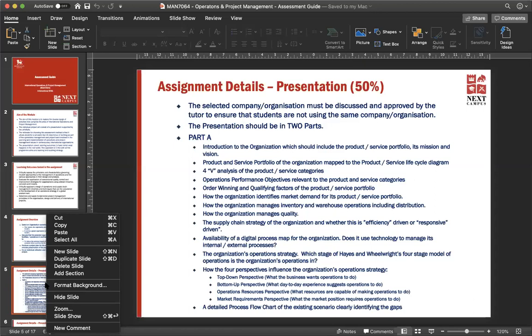Order qualifying factors are the factors that make customers consider purchasing your product and services. So where order winning is concerned, it's basically your current customer base. And then the question has to be asked, why do they continue purchasing that product or service from you?